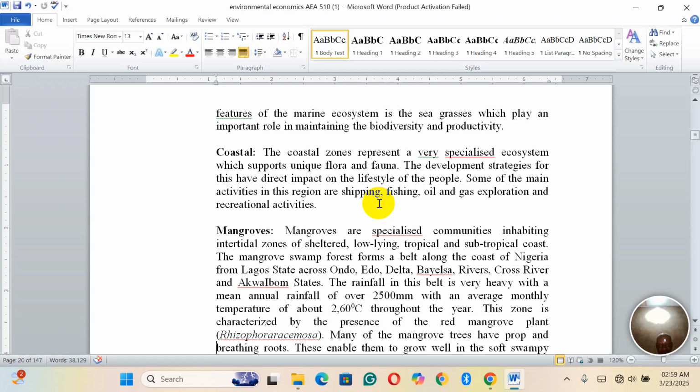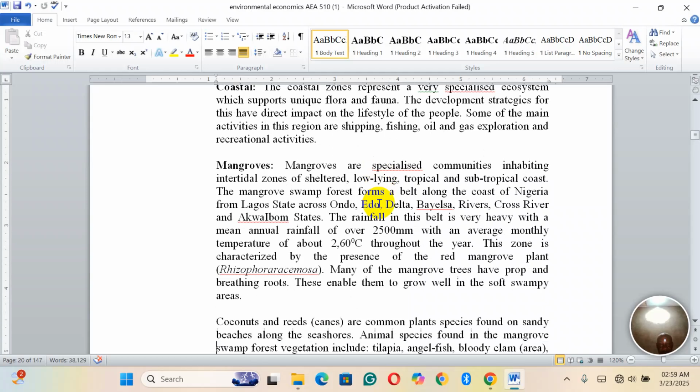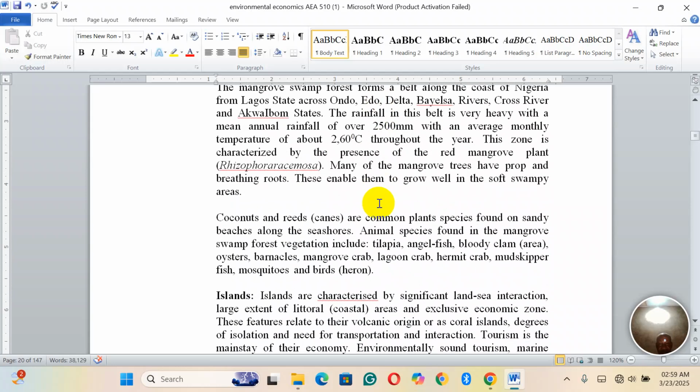This zone is characterized by the presence of the red mangrove plant, which is the Rhizophora racemosa. Many of these mangrove trees have prop and stilt roots. This enables them to grow well in the soft, swampy area. The coconut and the reed canes are also common plant species found on the sandy beach along the seashore.